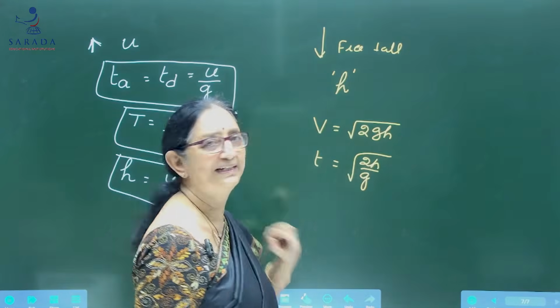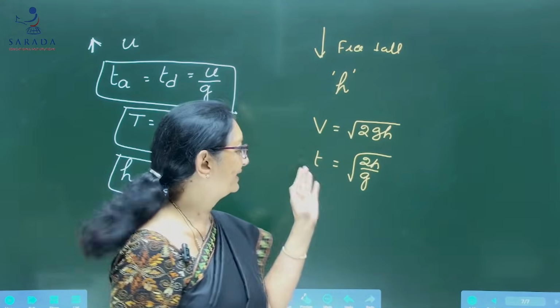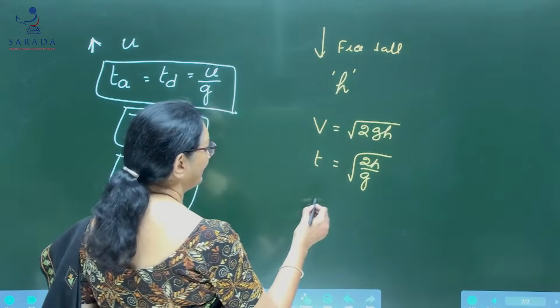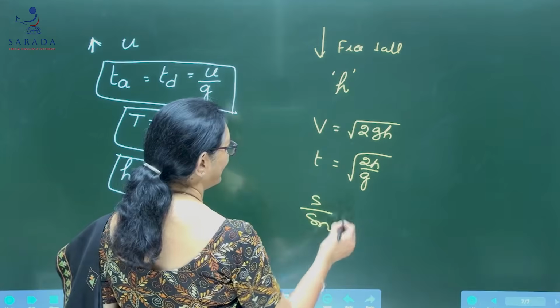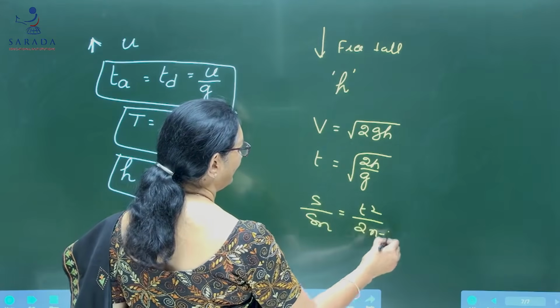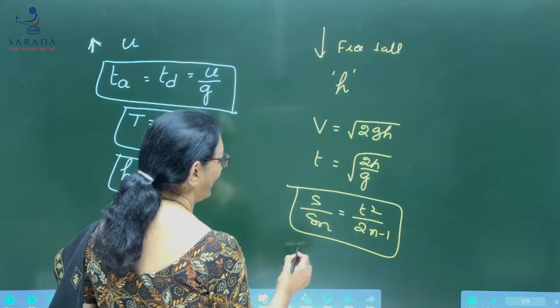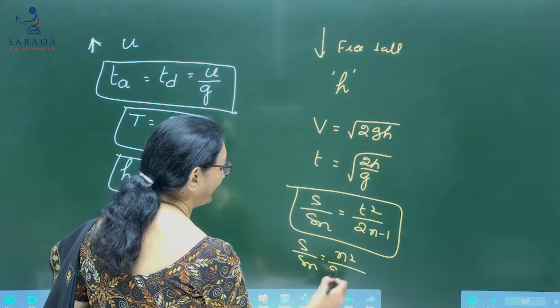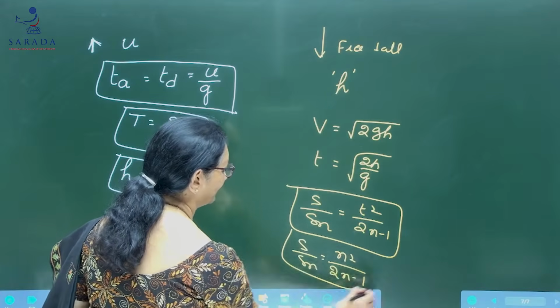S is half g t square, from which t is equal to square root of 2h by g. And also in case of free fall, S by Sn is equal to t square by 2n minus 1. If t is the last second, S by Sn is equal to n square by 2n minus 1.